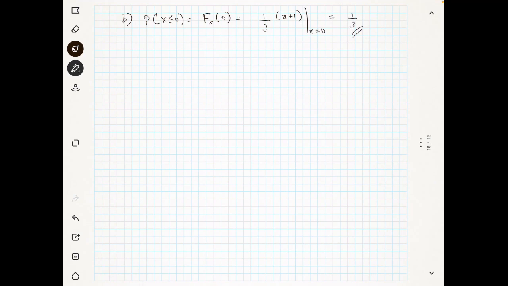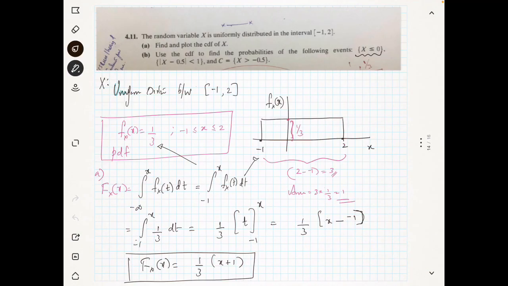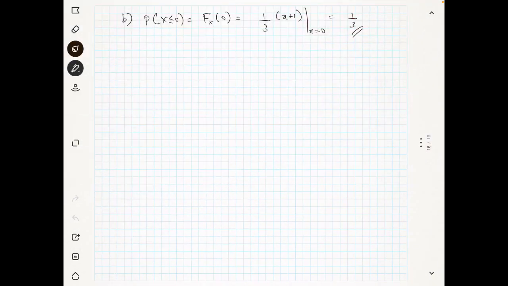Next is the probability that modulus of X minus 0.5 is less than 1. Since we are talking about the continuous random variable, this is nothing but the probability that modulus of X minus 0.5 is less than or equal to 1.